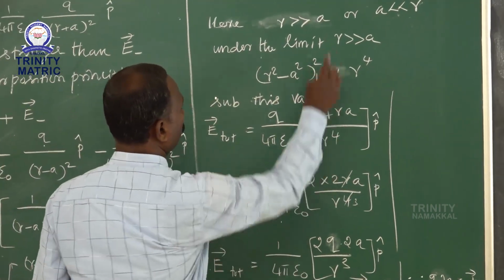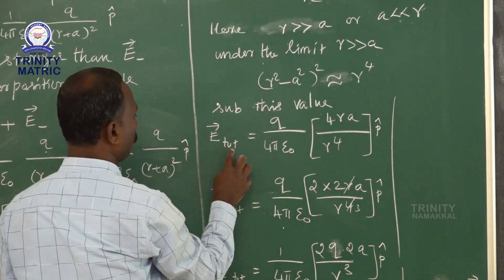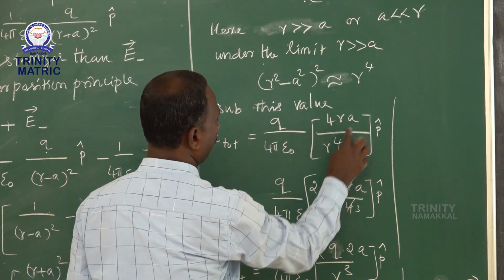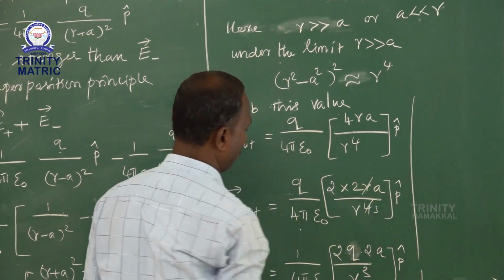Substituting this value, E total is equal to Q by 4 pi epsilon naught 4RA by R power 4 into P cap.